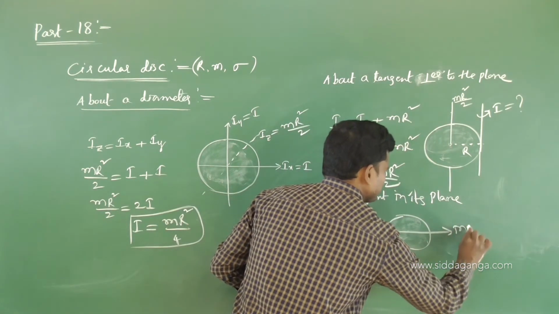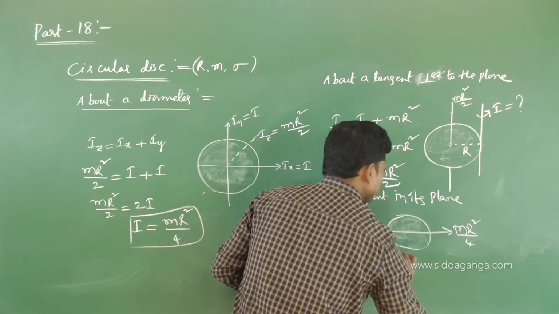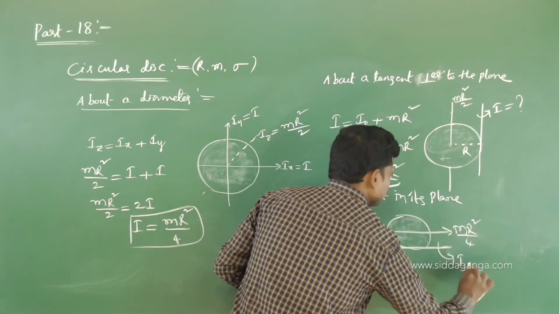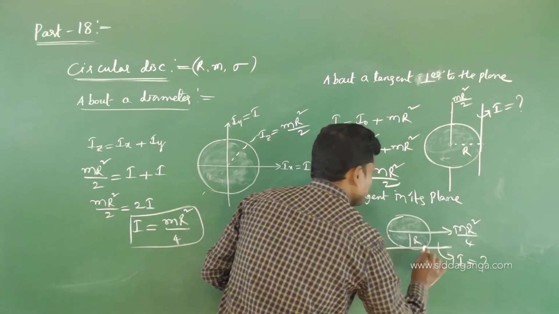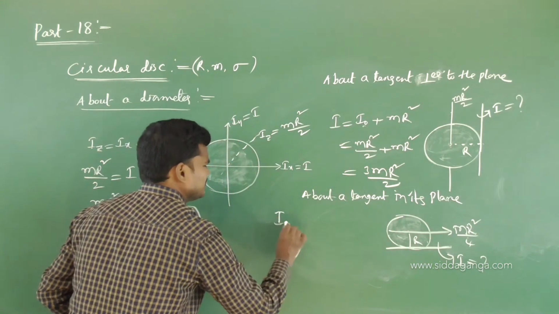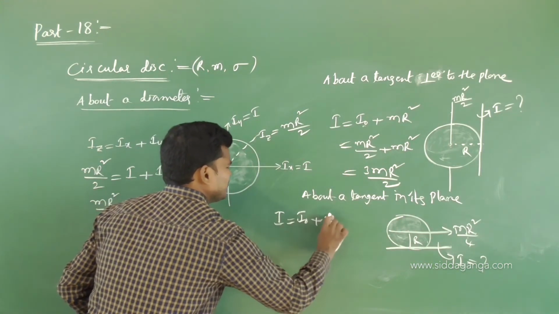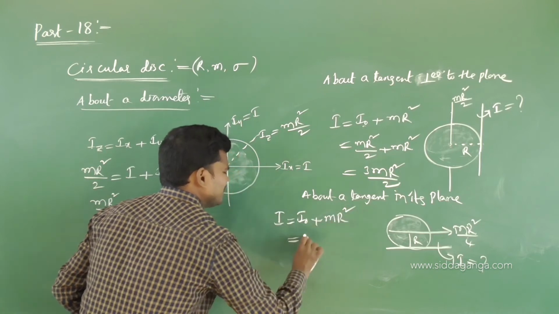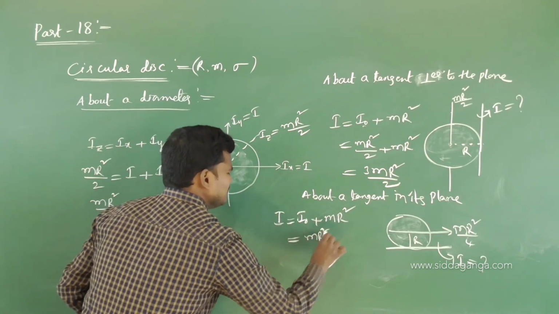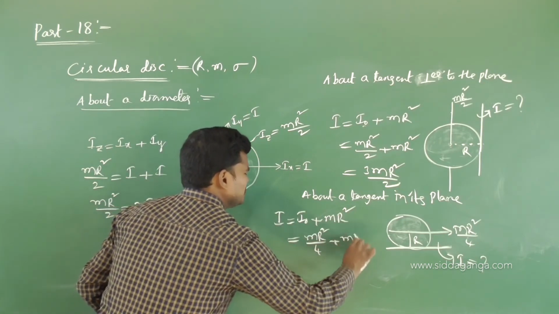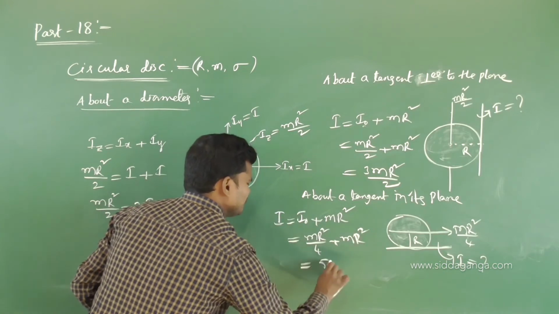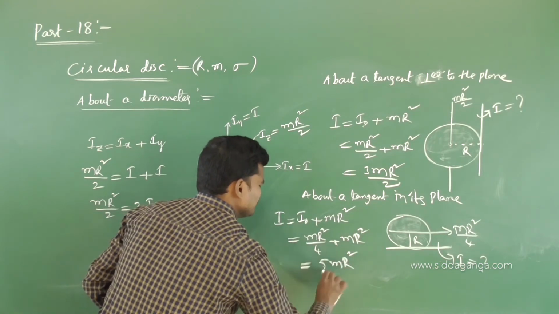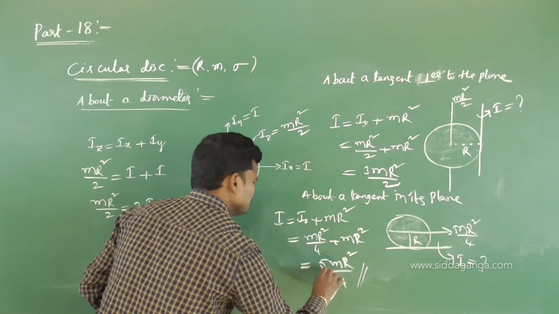Target is to find out about this. Now again use the parallel axis theorem: I naught plus mr square. I naught is mr square by 4, plus mr square, 5 mr square by 4.